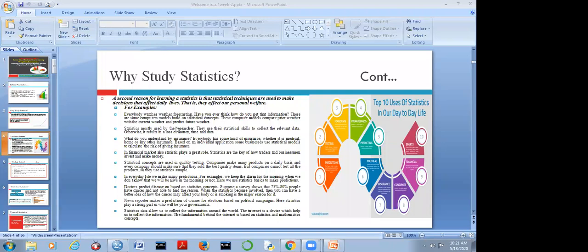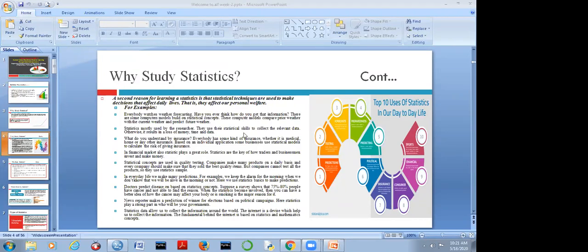So researchers are using statistics, and they use their statistical skill. Everybody who works in statistics-based research should be good in statistics. They should have statistical skills. Then they can understand what relevant data to collect.